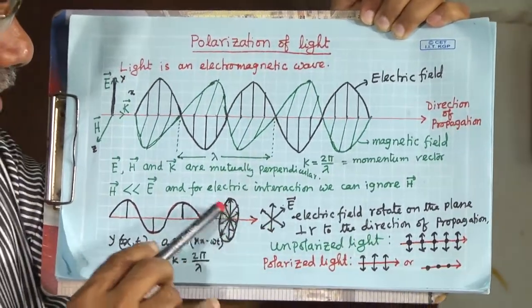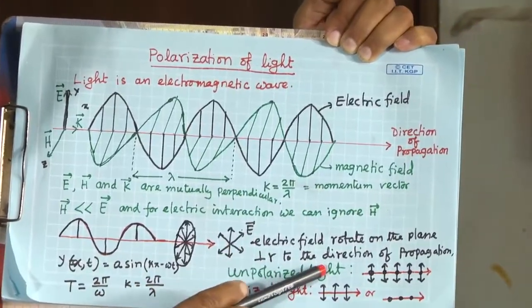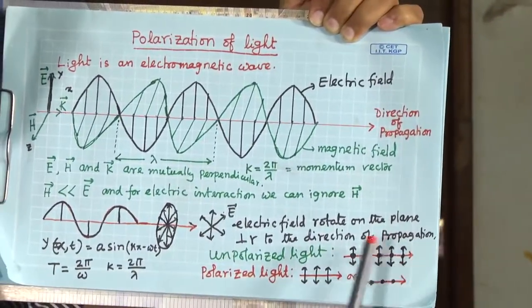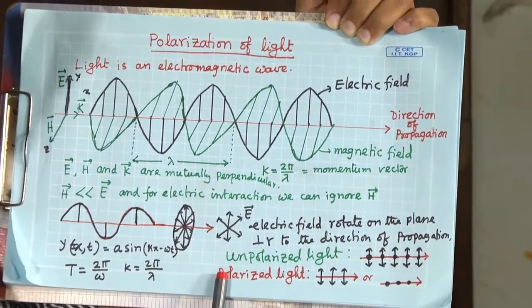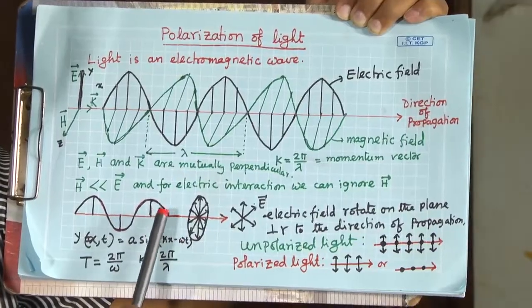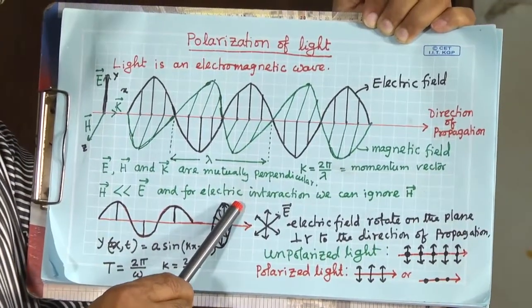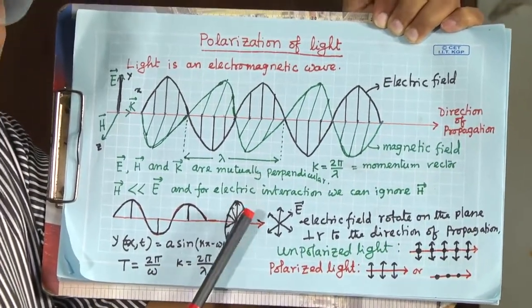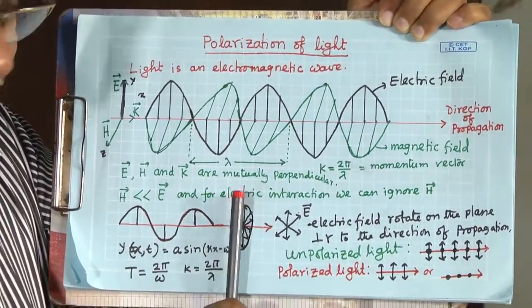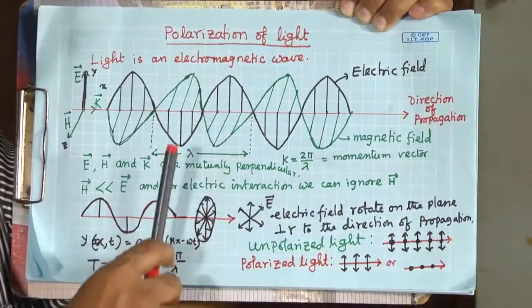This unpolarized light we generally represent like this. This is the direction of propagation, and it is in all directions. These are basically vectors. For any direction you can get two mutually perpendicular components.